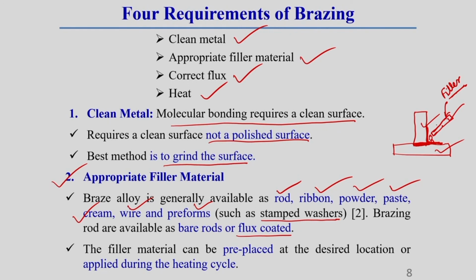That means at the time of heating, some heat source is used, a flame type of heating, heating both these surfaces as well as the filler wire. At that time we can also place the filler wire during the heating cycle. The heating cycle means that cycle in which we heat both the base material as well as the filler material. What I am telling, understand?